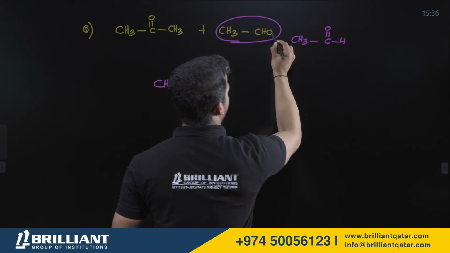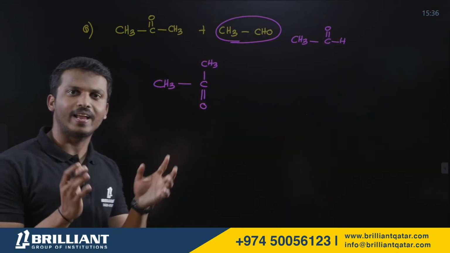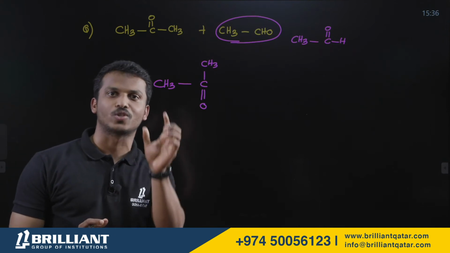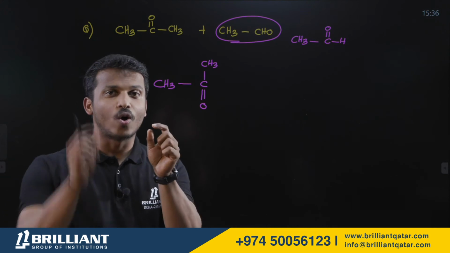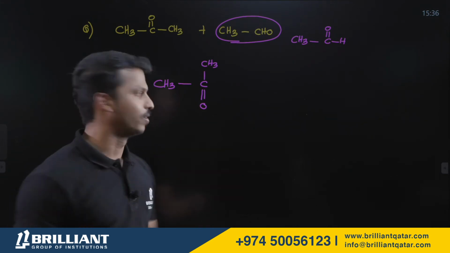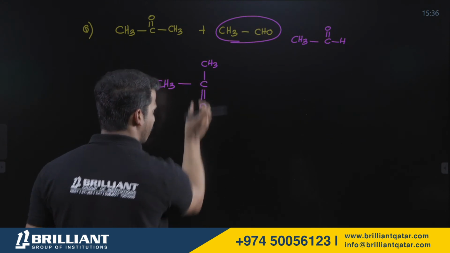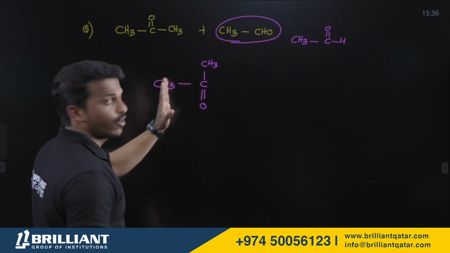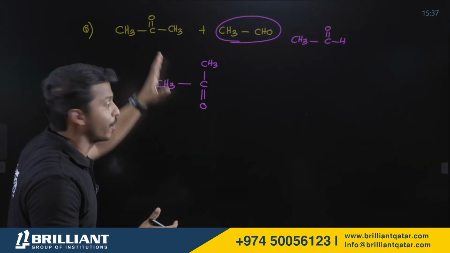CH3CHO. We can write CHO as C double bond O. Aldehydes and ketones contain the CO group, called the carbonyl group. The oxygen you please write below, like CH3CCH3 with double bond O. The oxygen you write below. Okay, this is the first compound.